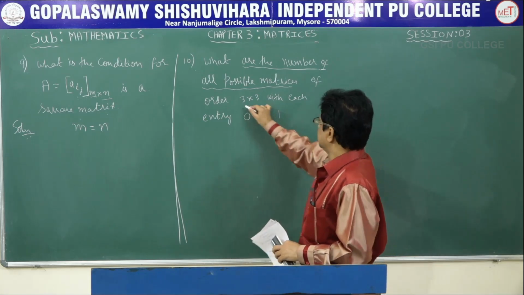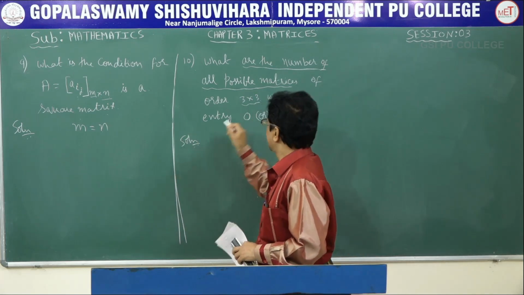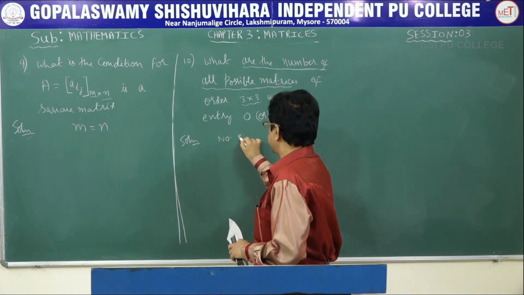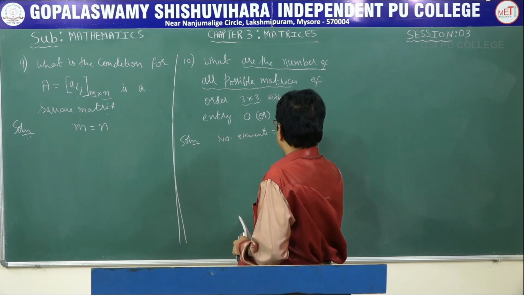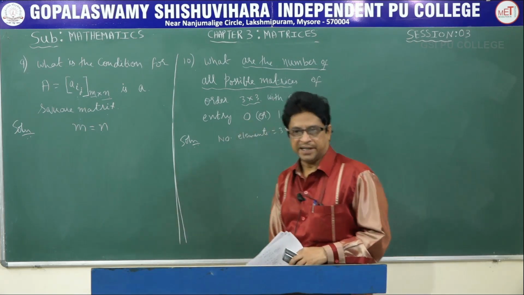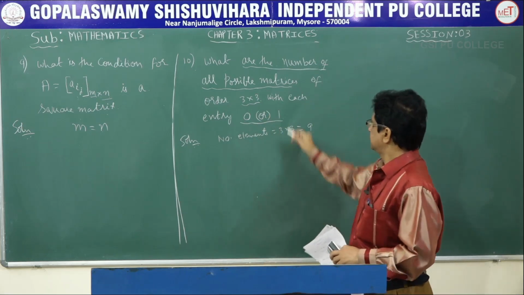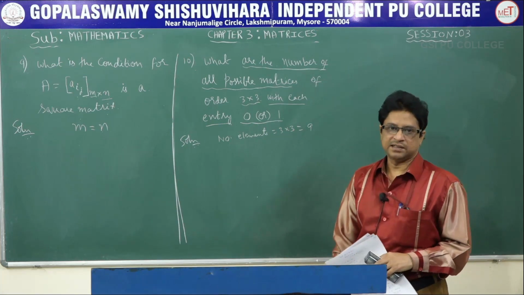So here a 3 into 3 matrix means there are 9 elements. So the number of elements in this matrix is 3 into 3, which is equal to 9 elements. So now what is the possible entry they have given? Each entry is 0 or 1.